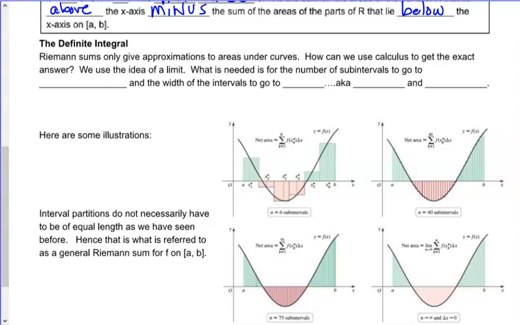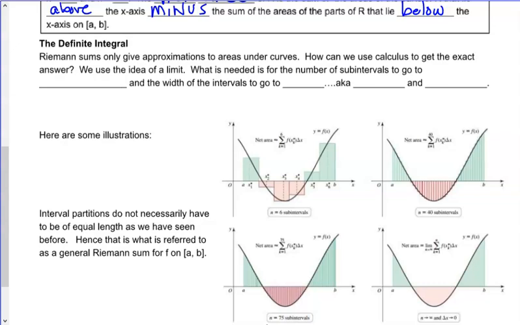Riemann sums only give approximations to areas under curves. How can we use calculus to get the exact area for that problem? We're going to use the idea of a limit.